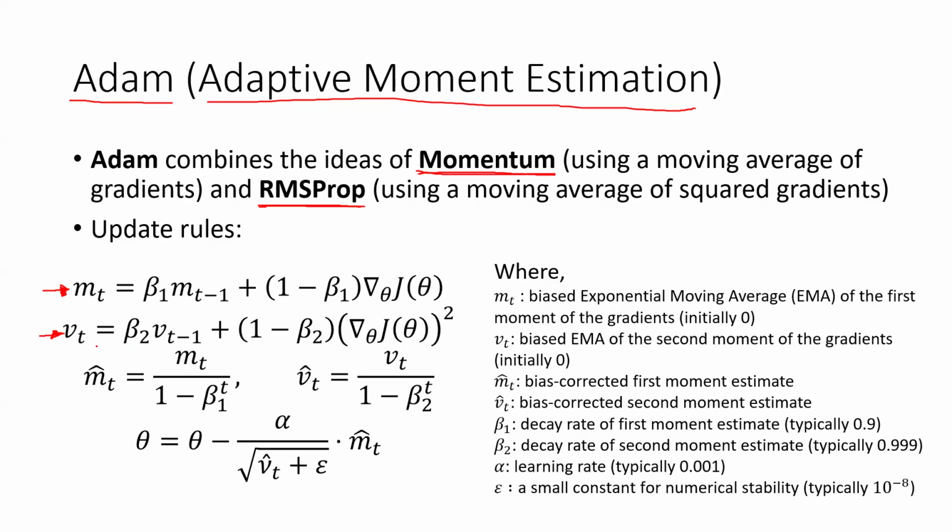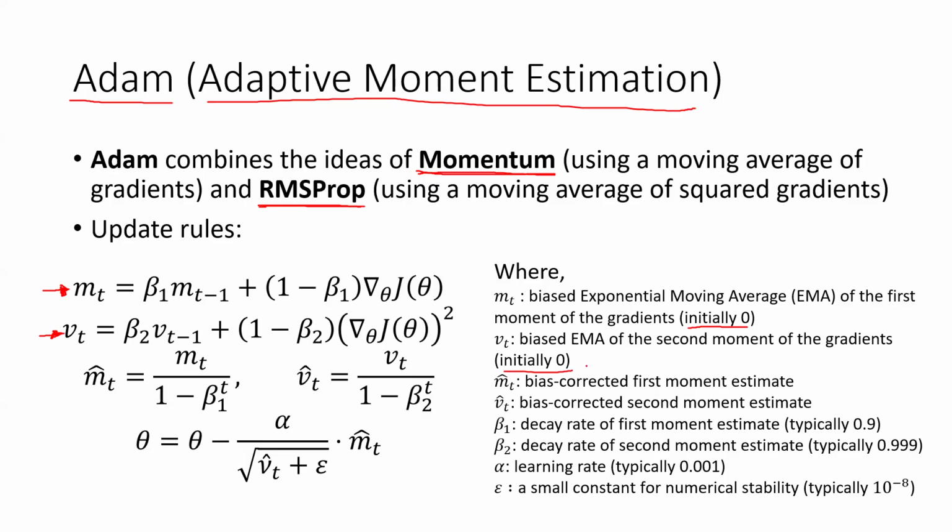This is the exponential moving average of the gradients, and this is the exponential moving average of the squares of the gradients. But when we are implementing this, we have to initialize the first moment and the second moment as well, right? Because when we are starting the learning process, we initialize Mt, the first moment, to 0. The second moment is also 0, right?